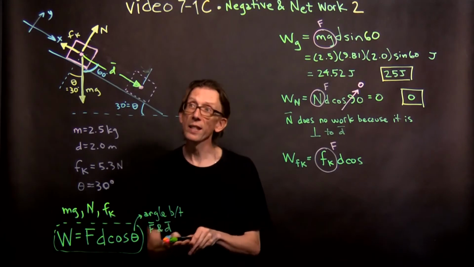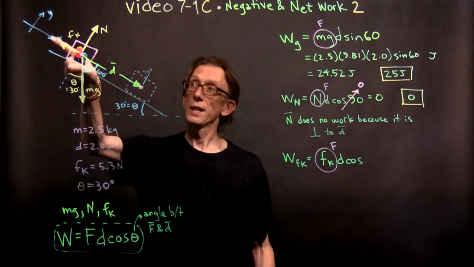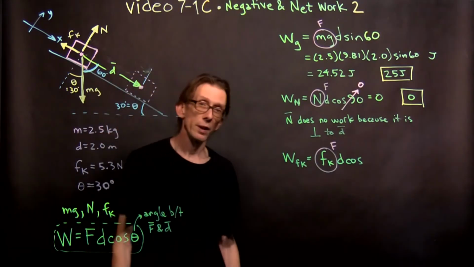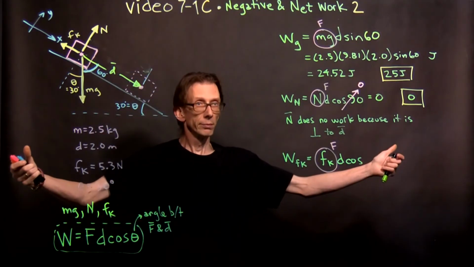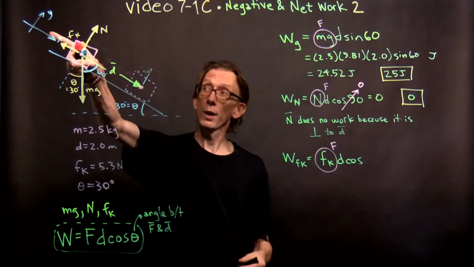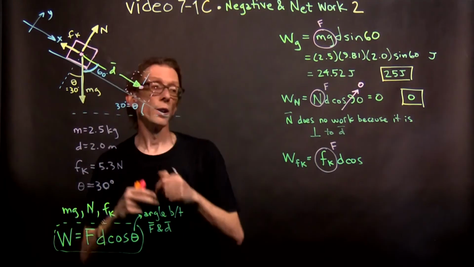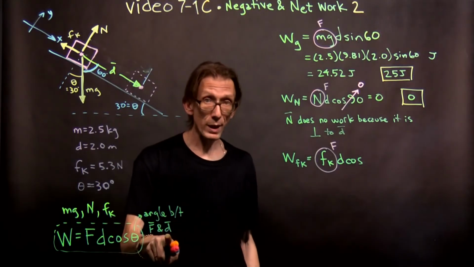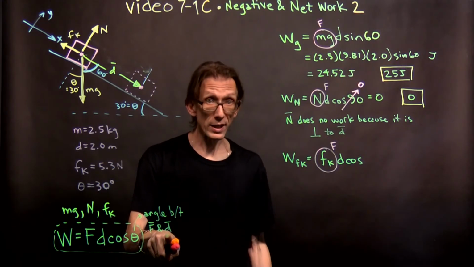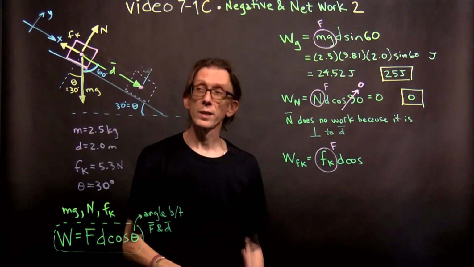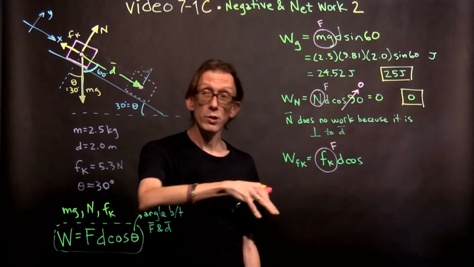Speaking of which, what is the angle between F sub k in the negative x direction and the displacement in the positive x direction? It's 180, right? Negative x is F sub k up the hill, d down the hill. Remember, this angle is the angle between the force in question and the displacement. So here, the force in question is the frictional force, which is uphill. Displacement is always downhill for all calculations here.